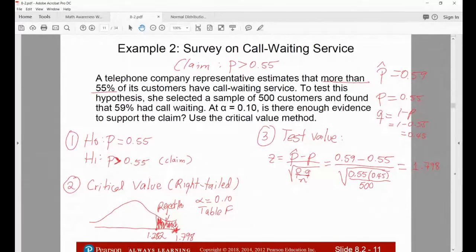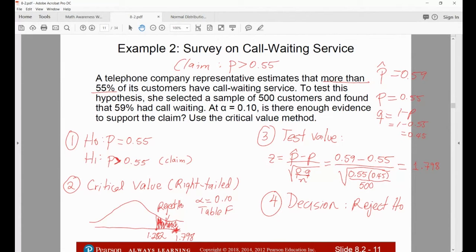So the test value falls in the rejection region. So what's the decision? Reject or fail to reject? We're going to reject the null hypothesis, because the test value, the sample, is telling us to reject because the test value falls in the rejection region. 1.798 is to the right of 1.282.